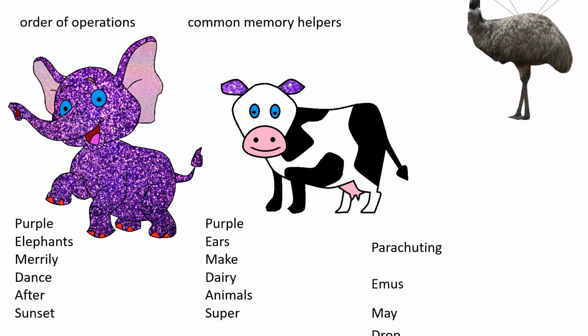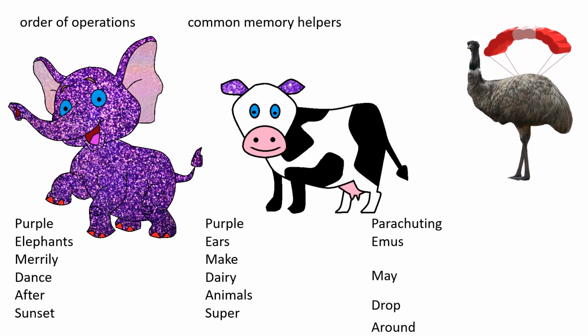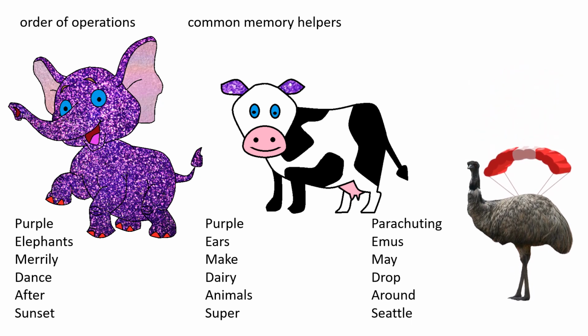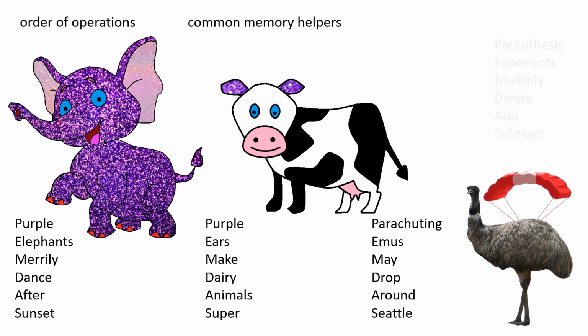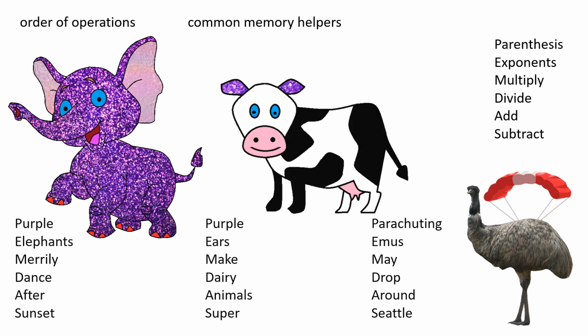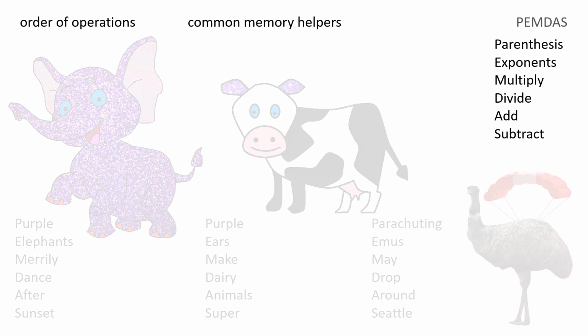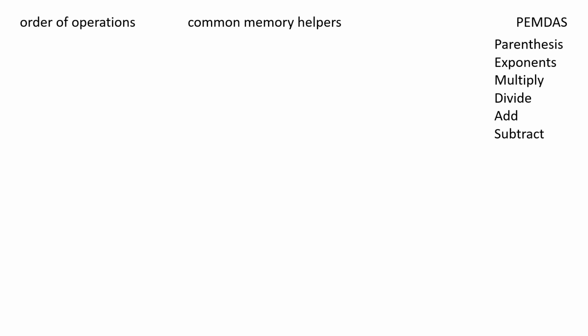Parachuting emus may drop around Seattle. And again, reminds us, parentheses, exponents, multiply, divide, add, subtract. Often referred to as PEMDAS.